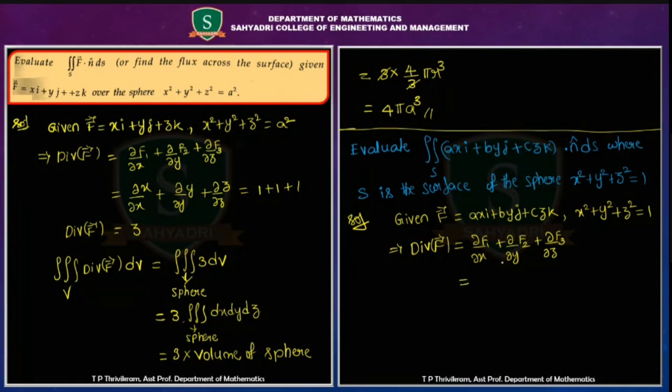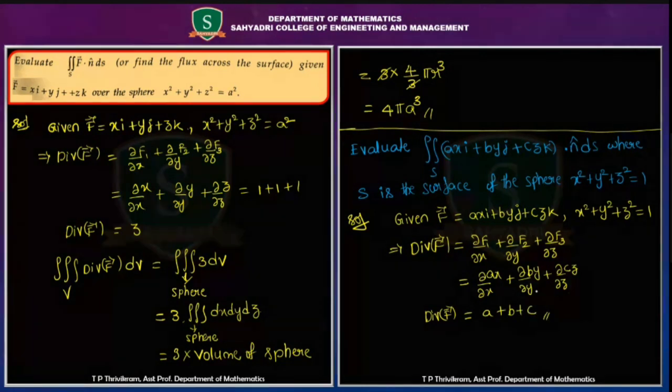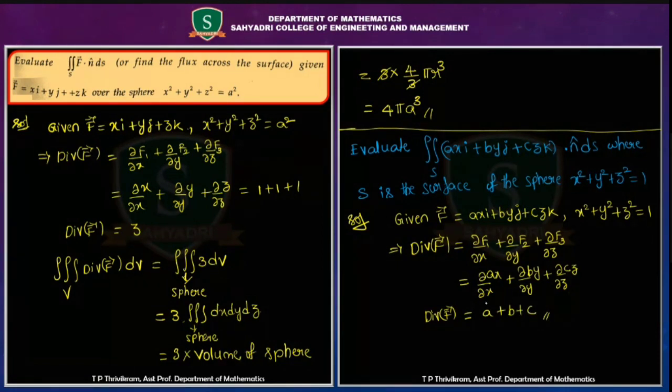So this is nothing but dou by dou x of ax, dou by dou y of by, plus dou by dou z of cz. So what will be the divergence? a plus b plus c. Now we are going to apply the volume integral.